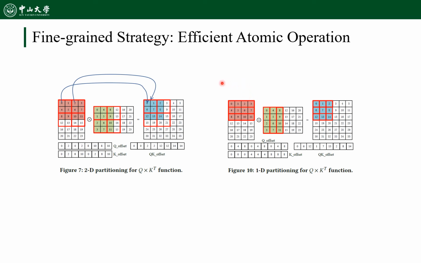As shown in the right figure, we use 1D partitioning, one-dimension partitioning. With the one-dimension partitioning, a place in the output matrix only corresponds to a pair of mini blocks. In this way, the computation of the QK function can remove the atomic operation completely in implementation.